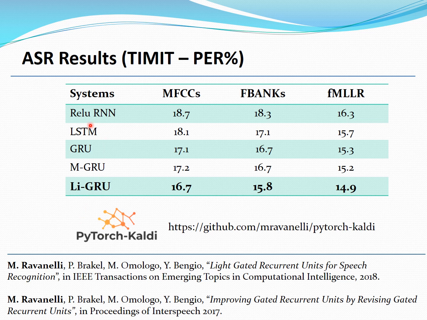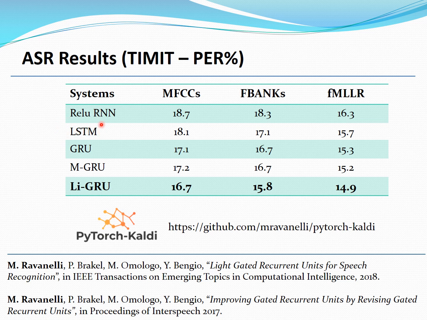So here you can see that the light GRU model is the best model we have seen. It is better than ReLU RNN. Here it's not really a vanilla RNN, it's a ReLU RNN where we replaced tanh with ReLU activation, and we also use batch normalization.